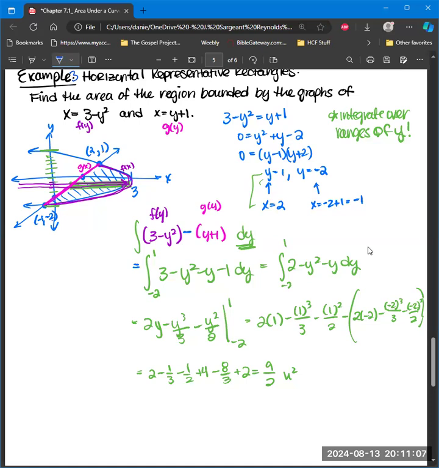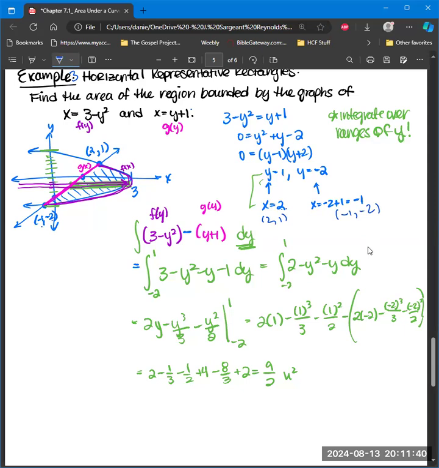If we want to find the x value, it's easiest to use this linear function to do that. So if y equals -2, x equals -2 plus 1, which is -1. And if y equals 1, x equals 1 plus 1 is 2. So we have the point (2, 1) and we have the point (-1, -2).